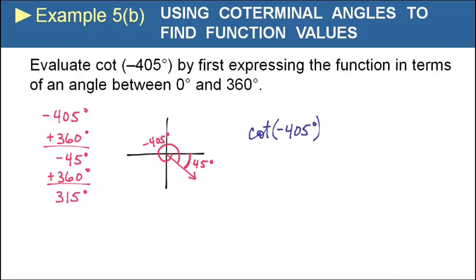So it's the same as the cotangent of 45, except it's in quadrant 4, so it's going to be negative. So the tangent of 45 is 1, that means the cotangent is 1, but in quadrant 4 it would be negative, so negative 1.